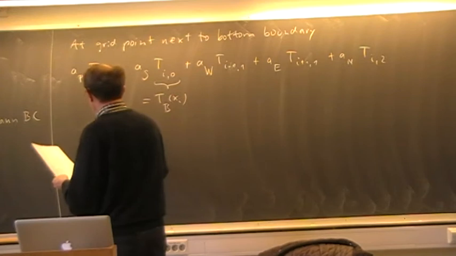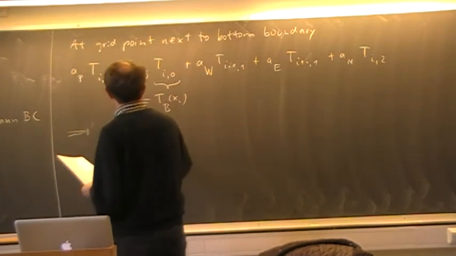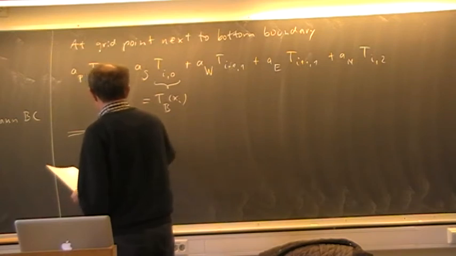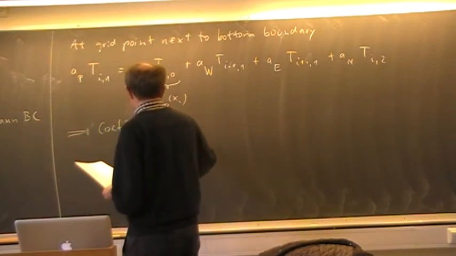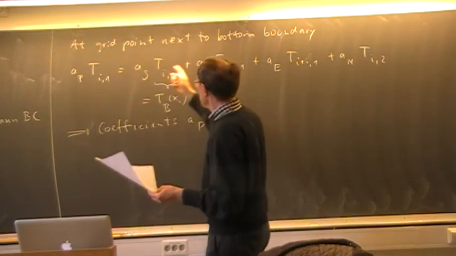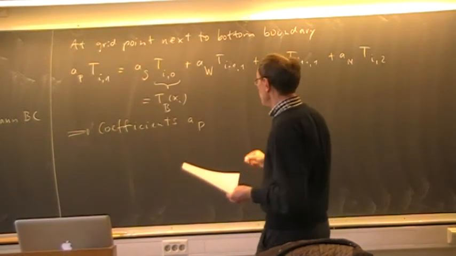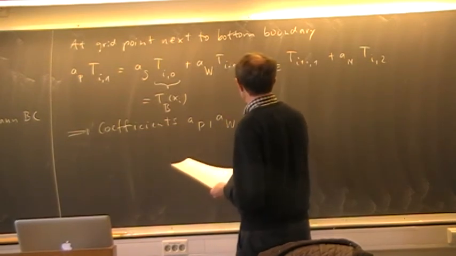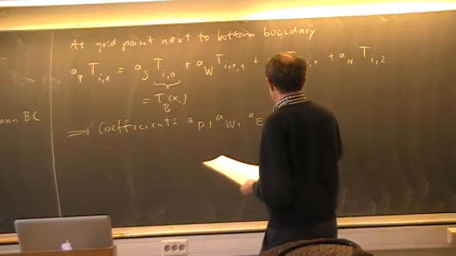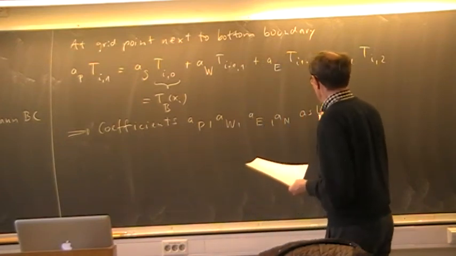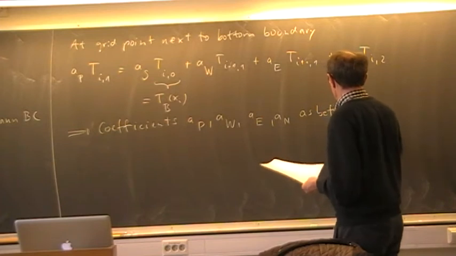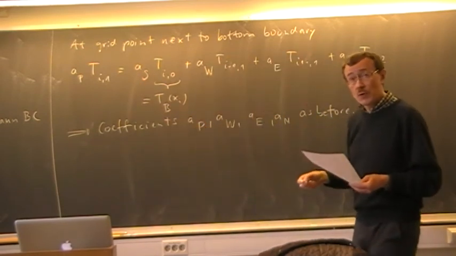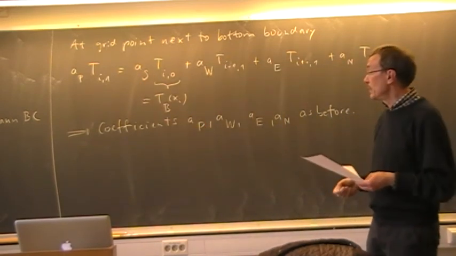So then we get the coefficients. AP, you see it here, we did not do any special treatment here. The AP, the AW, the AE, and the AN as before. But now, the AS is actually also the same as before. We didn't do anything special here.